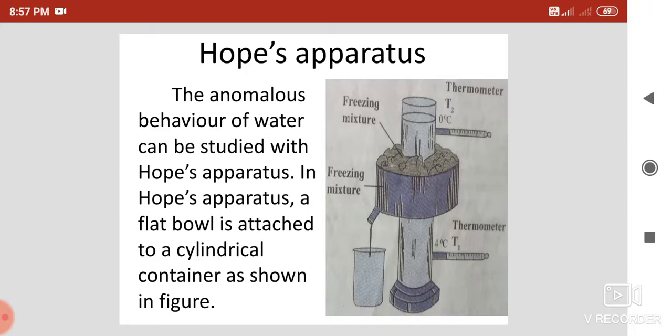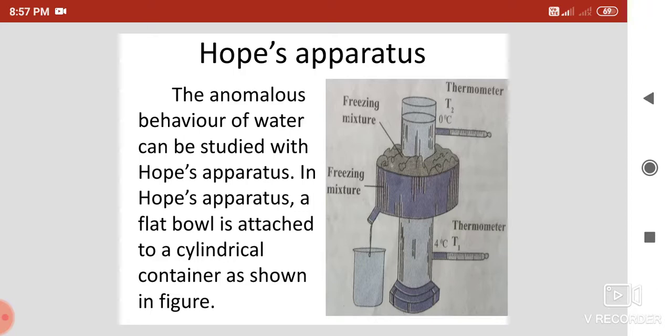The bowl contains a freezing mixture, that is ice plus salt. In the figure you can see the container has two thermometers. The upper thermometer shows the temperature T2 and the lower thermometer shows the temperature T1.